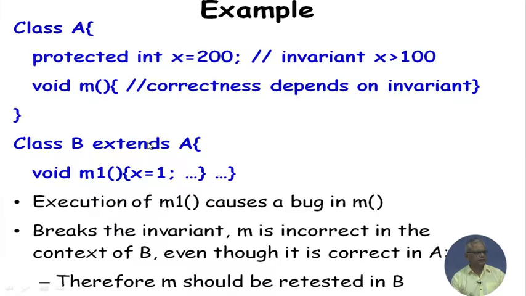Now, once he has extended A into B, the methods which are inherited here, M etcetera, which were working earlier, will fail to work, because the invariant has been violated here. So, this is one simple example.